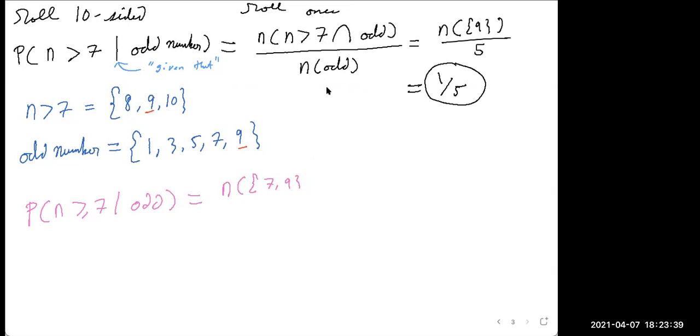And the amount of odd numbers has not changed. So I claim that that would still be 5. So this would be 2/5. So if the problem said greater than or equal to, you could do it that way. You could also imagine doing less than or equal to, but this gives us a little idea of how we can talk about rolling dice.